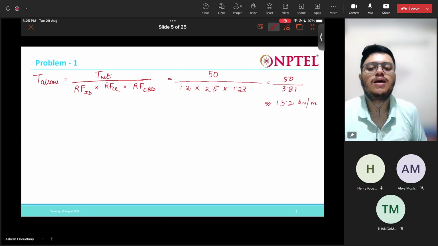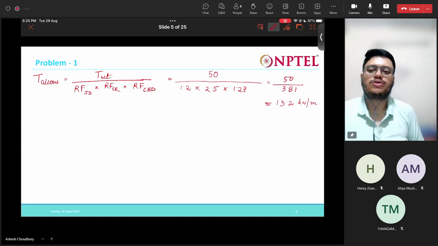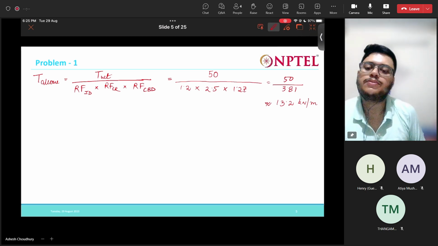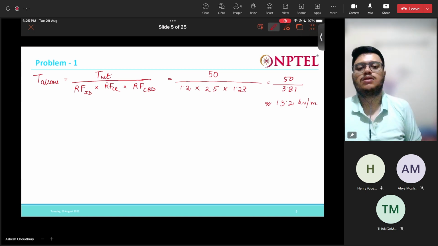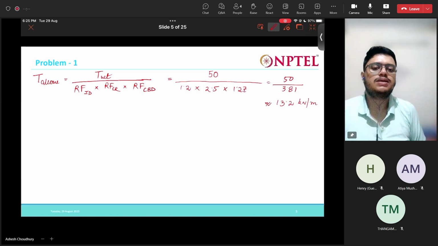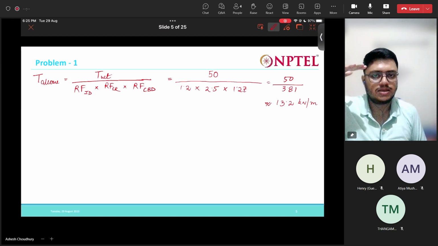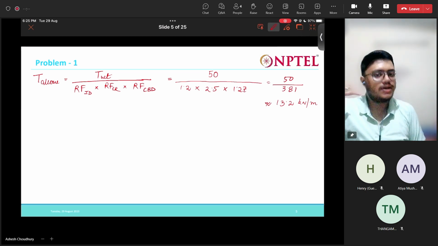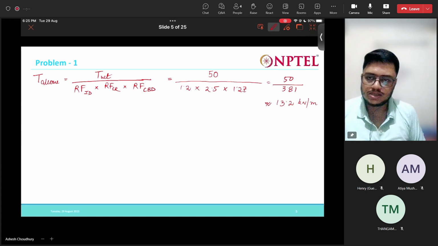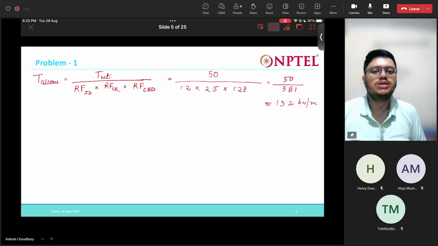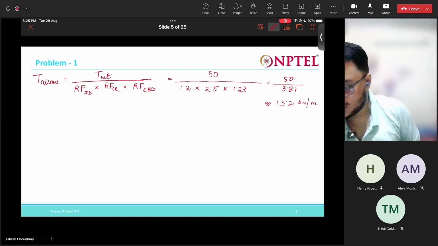If you can recall whatever was taught in the lecture, and I think in your assignment also problems were there. It is nothing but K, the earth pressure coefficient, times the vertical pressure, it will give you the horizontal pressure, times the spacing, that will give you the load coming on each reinforcement, right?